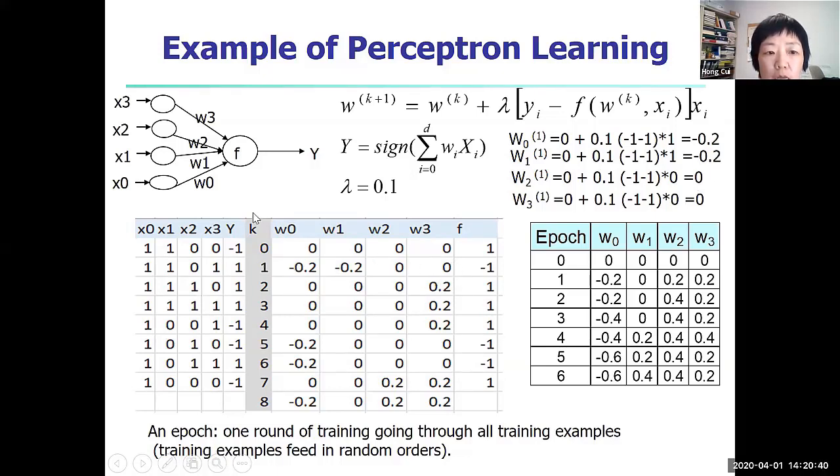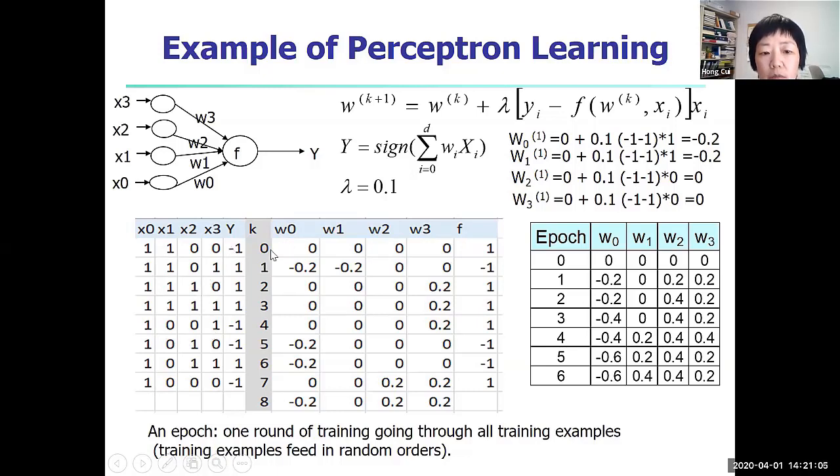And then we read in another example, and using these new weights we compute the function f. We compare this with the label and find the difference, and we go through the same thing again to update the weights. We will go through this for all the training examples we have. We're going to do that randomly.